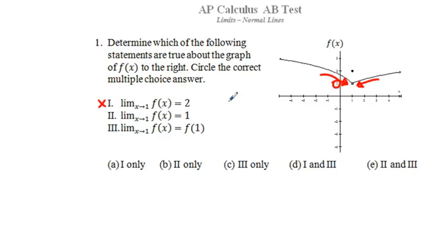And so Roman numeral 1 is not correct, but Roman numeral choice 2 is correct, because the value that we're approaching from the left and from the right side are both 1. And last, Roman numeral 3 is the limit as x approaches 1 of f of x equals f of 1. Well, that would be a little test for continuity, and this third scenario is not true. So our correct answer is answer choice B, Roman numeral 2 only.